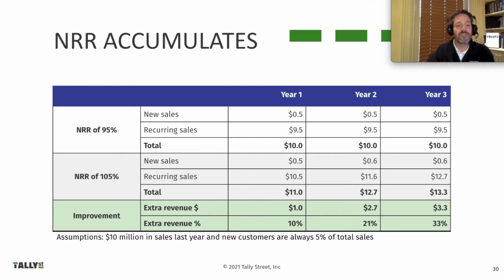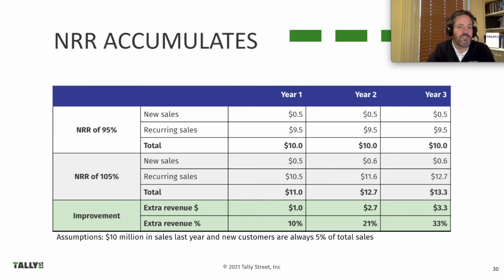If the same business could increase net revenue retention to 105%, and if everything else stayed the same, then from last year to year one this year, they would get 105% of the $10 million, or $10.5 million. They'd still get another $500,000 in new sales to give them a total of $11 million this year.